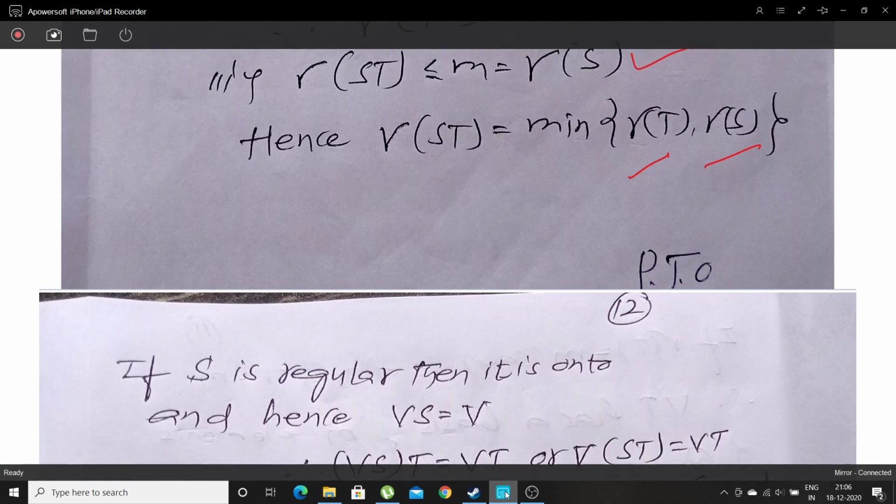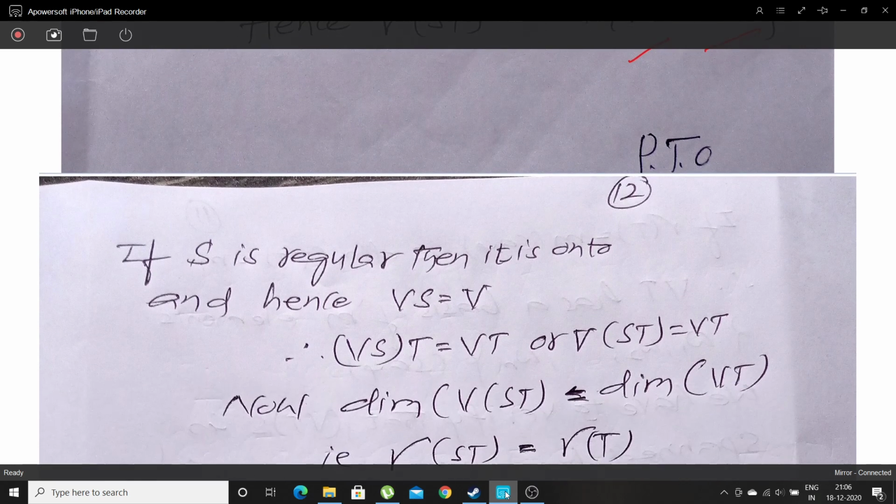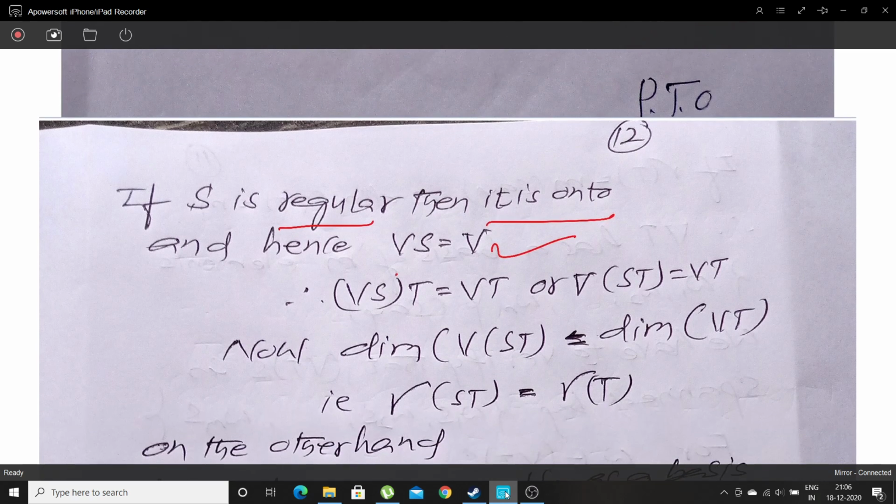Okay, let me continue. Since S is regular, that means if S is regular, 100% it is onto. If it is onto, then we write Vs is equal to V. Operating T on both sides, Vs of T is equal to Vt.